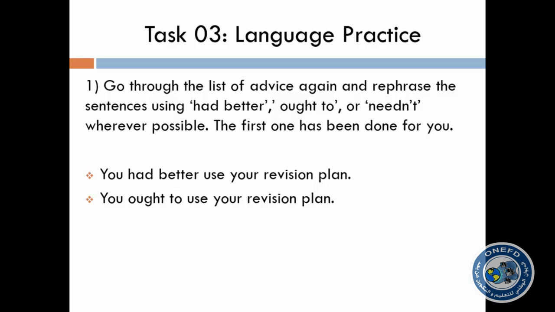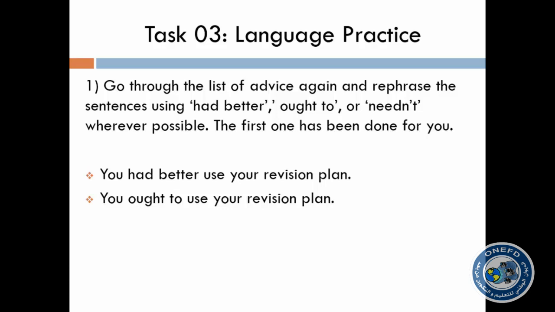So we express advice using had better, ought to, and need not. Normally you have already dealt with these expressions. So let's test your memory of these prerequisites.